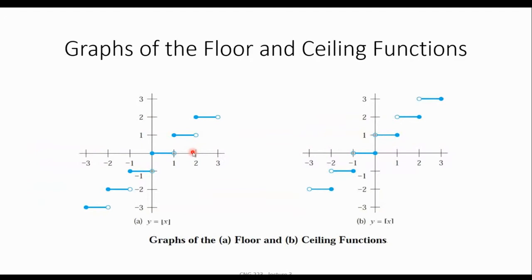Now, let's take a look at this picture. This one is the floor. What does it mean? If I have y equal to x, without considering this notation, what should I have? The graph of that would be just a straight line going from these points to infinity.